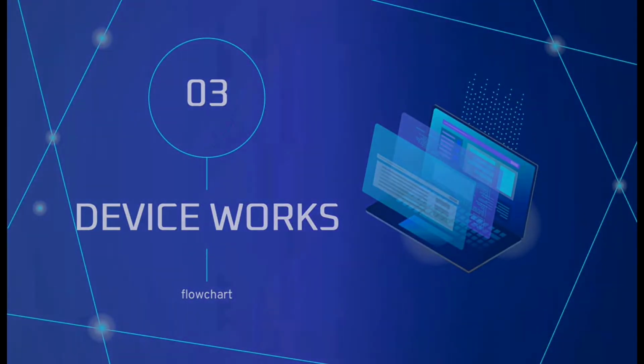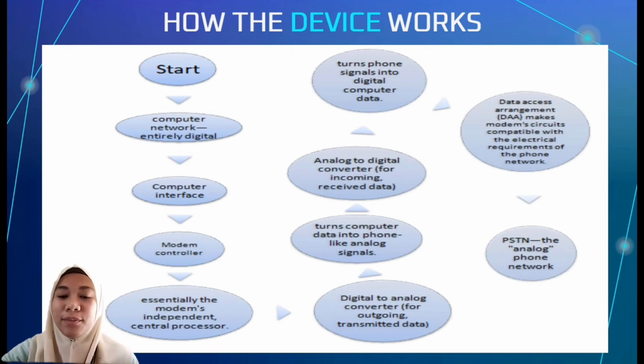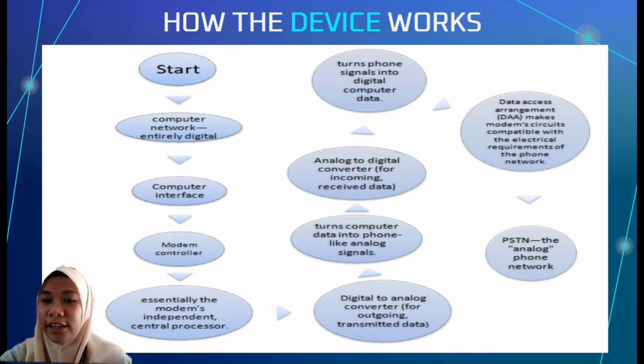Device work. So, how does it actually work? The modem works by changing data between analog and digital form when a computer is connected to a telephone cable for later internet use. If our computer will upload or send data, then information and data from the computer in digital form will be changed by the modem to an analog form to be sent via telephone cables or other media.